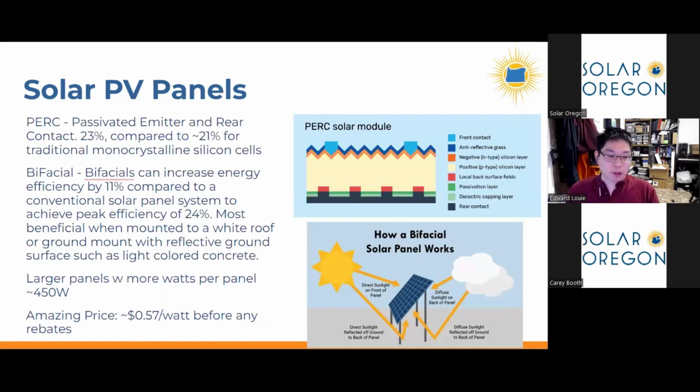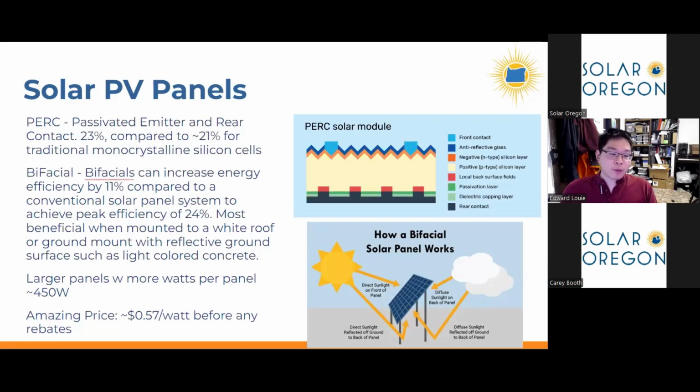So that's really cool. Technologies like PERC and bifacial panels, when they first came to market, had a price premium. Nowadays, these PERC and bifacial technologies add pretty much zero cost to the panels, and so that's really cool.